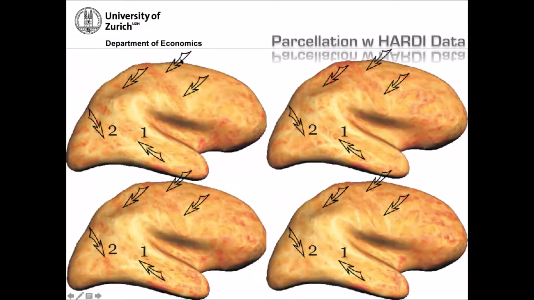And if you look at the tip of one of the arrows, let's say this one here on the top left, you can see at the tip of it that at this diffusion direction you have this red signal. Here it's a much more extended red, here it's much less red, and here it's not red at all. So as you change the diffusion direction, the diffusion signal itself changes, as Derek Jones and Sean Dione showed it in the thalamus. As you change the diffusion direction, you have a large variability.